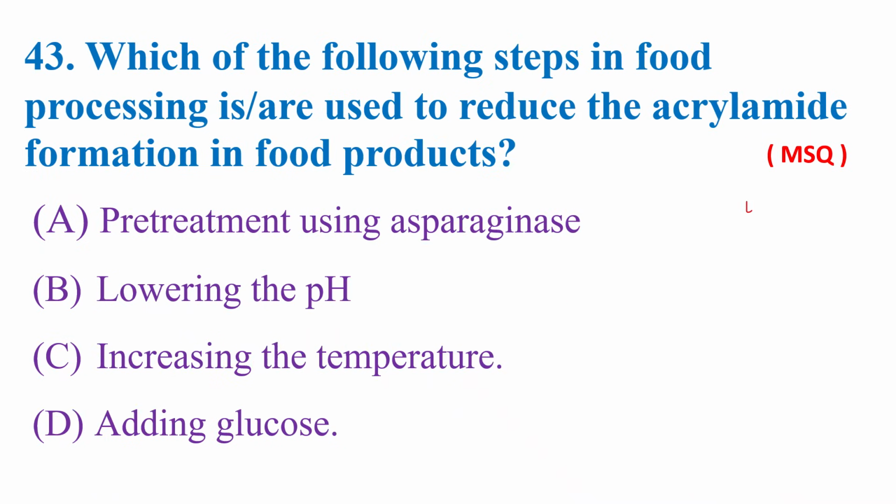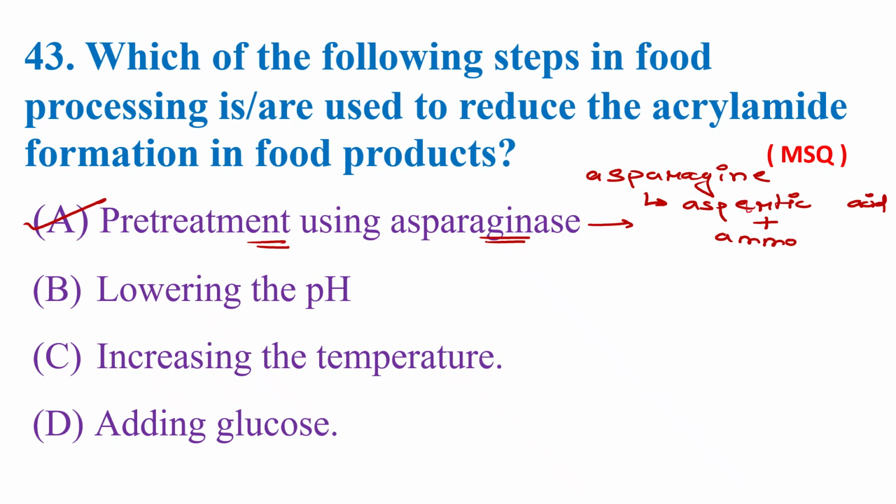Which steps in food processing are used to reduce the acrylamide formation in food products? First one, that is pre-treatment using asparaginase enzyme. So this is true. This asparaginase enzyme will convert asparagine into aspartic acid and ammonia.